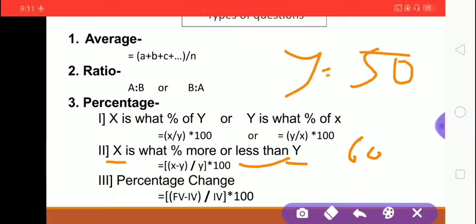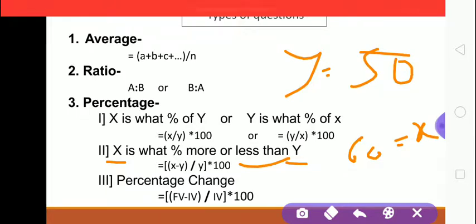If you put these values in the equation, you get x minus y divided by y. X is larger here, so you will find the value is plus, and that is nothing but x having a higher percentage with respect to y. Therefore x minus y, 60 minus 50 divided by 50 into 100.